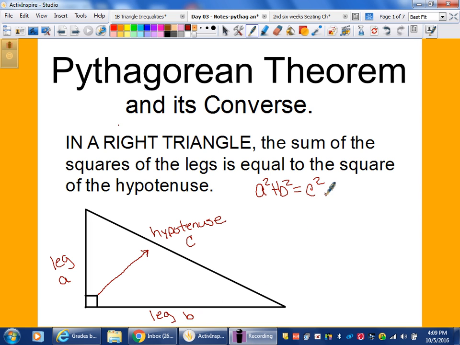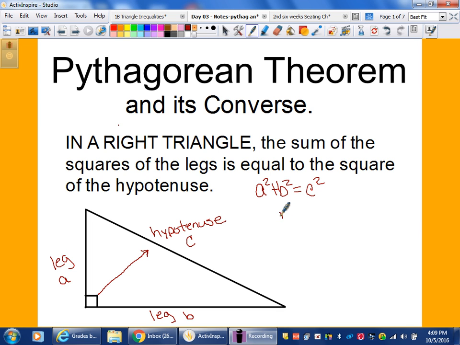Now, this is a great theorem, and it's a great way to memorize the Pythagorean theorem, but we don't only find c squared or b squared. We usually want to find a leg or a hypotenuse or the other leg. And that means we want to find a or b or c. So we've got to take the square roots of those.